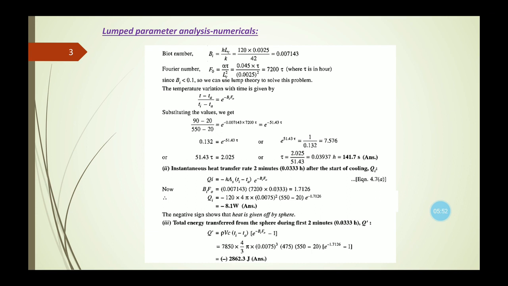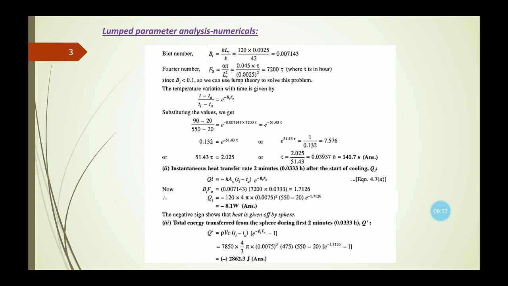Now if we put all these values in this equation, only the value of tau, that is the time, remains. All the other values are given in the question.